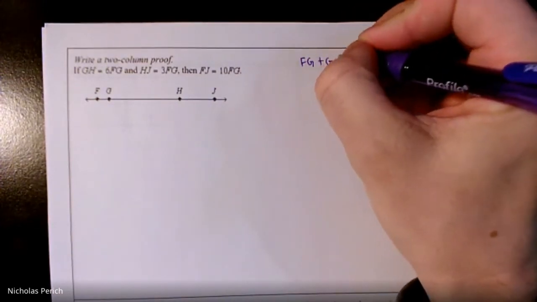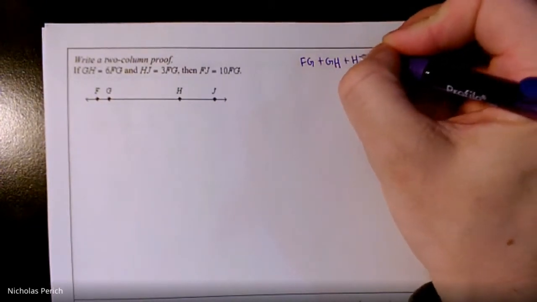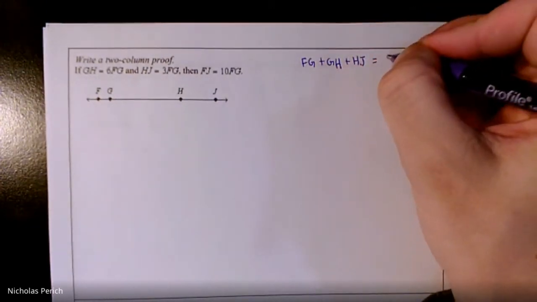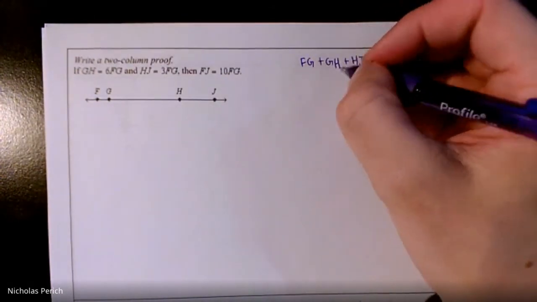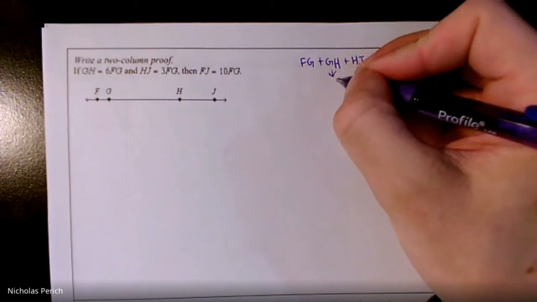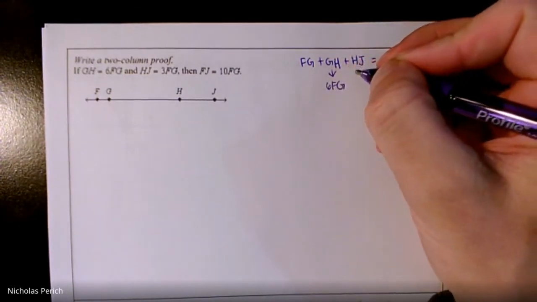This is my rough draft, by the way. FG plus GH plus HJ is going to equal FJ. FG is FG. GH is 6 FG.